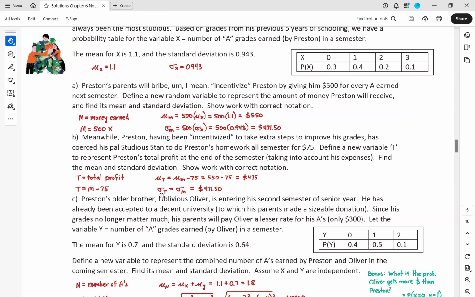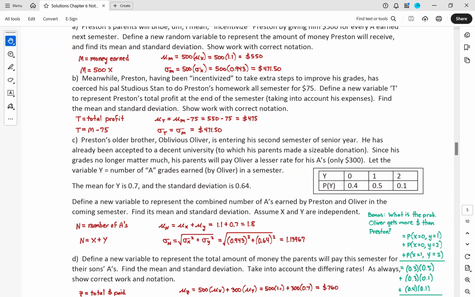They're not further apart or closer together. The spread has not changed. We've just shifted everything down the number line. So we have to recognize with this transformation not to modify the standard deviation at all. Standard deviation of t is the same as it was for m, so $471.50.